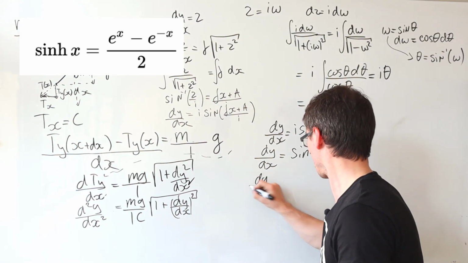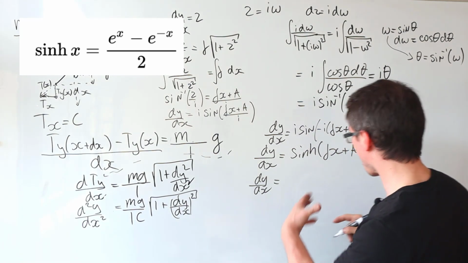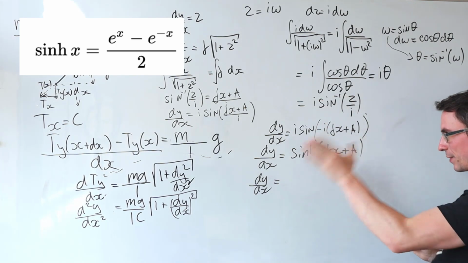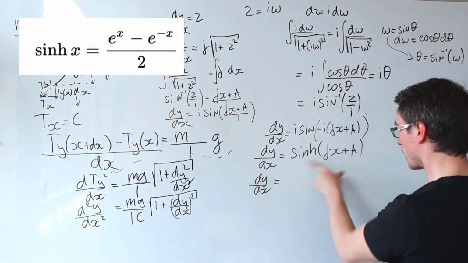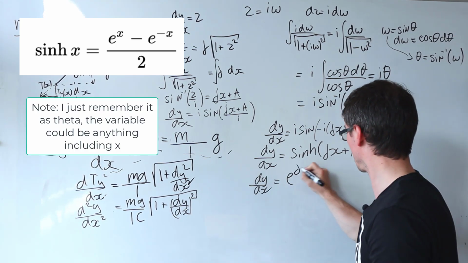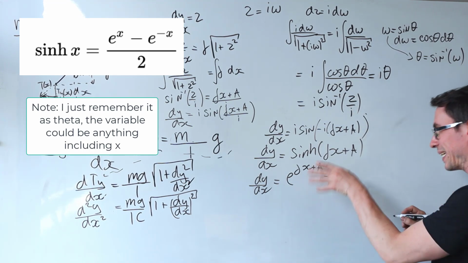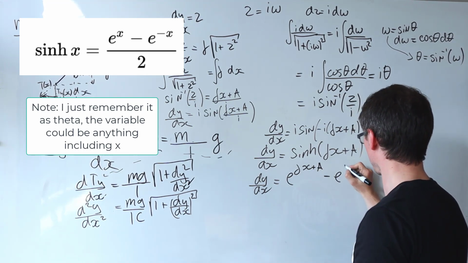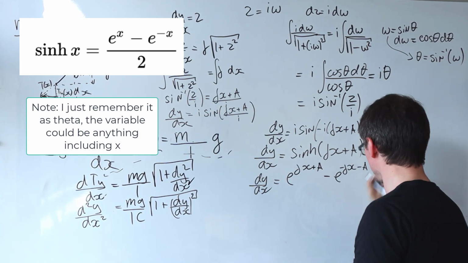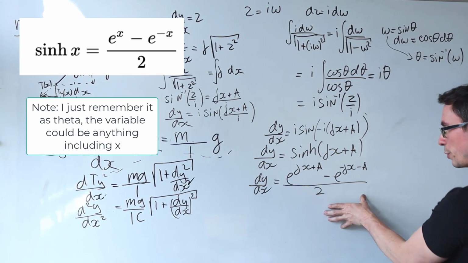So we can just say that dy by dx, following the fundamental definition, which I'm going to leave right over here, will just be given by e to the theta, which is gamma x plus a, take away e to the minus theta, which is e to the minus gamma x take away a. Then we're going to be dividing that by 2.